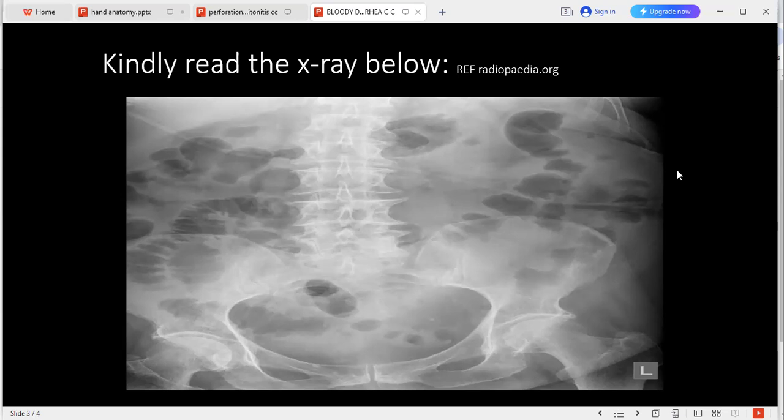What kind of decision is this kind of image making you take? It could be due to ischemic colitis. Yes, but then you'll think of surgical intervention.